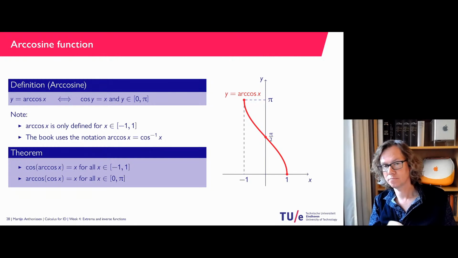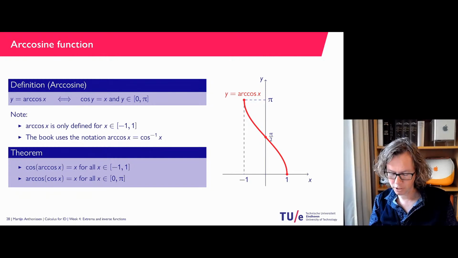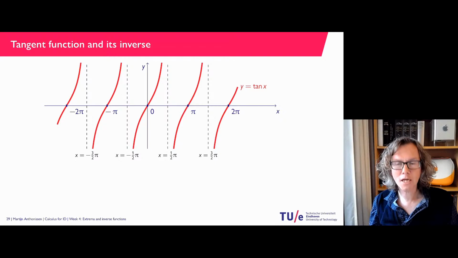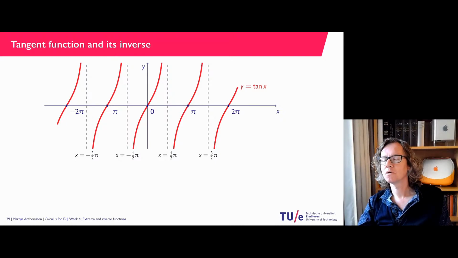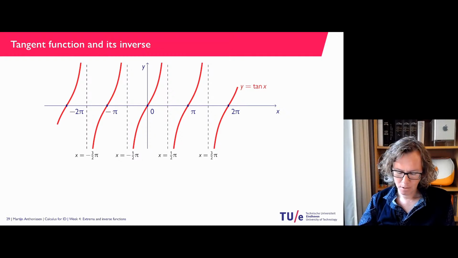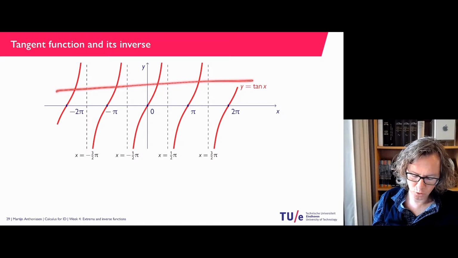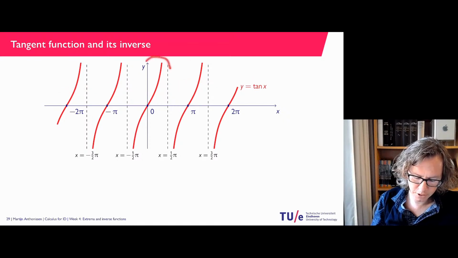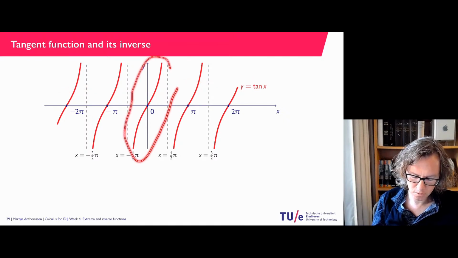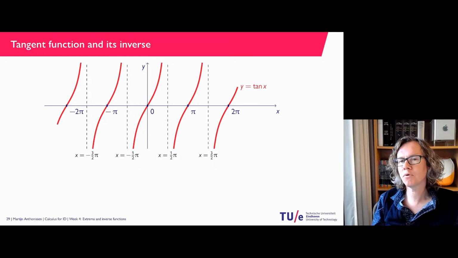Sine, cosine, tangent. The tangent function goes similar, but it is a little bit different from the two we had. Because as you see here, it is obviously not 1 to 1, but if we consider this bit of the function here, then you see there it is 1 to 1.